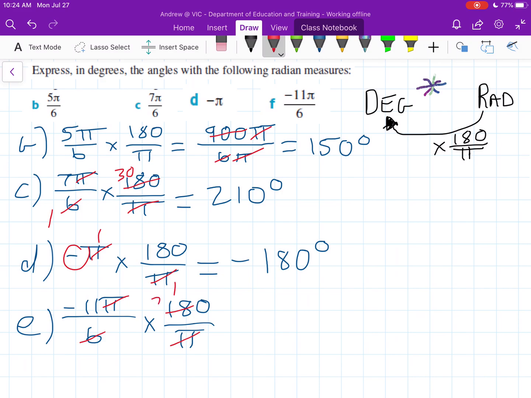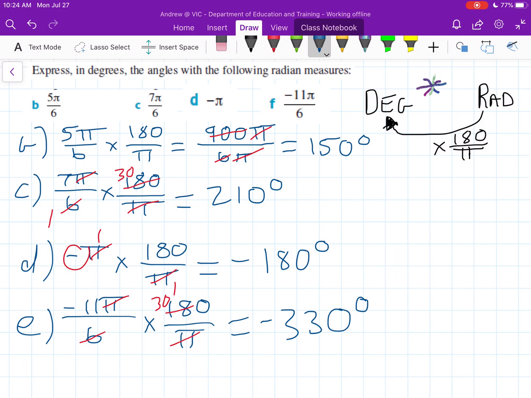There's 30. So then we're just left with negative 11 times 30. So this here is then equal to negative 330 degrees. Okay, so this is how we can go about converting radians to degrees by hand.